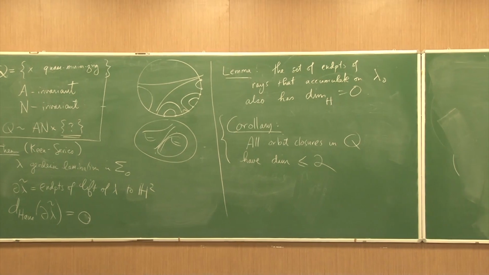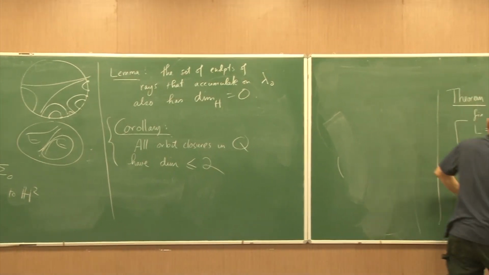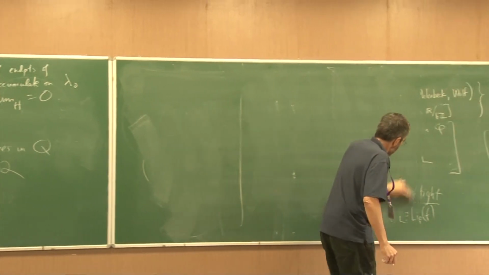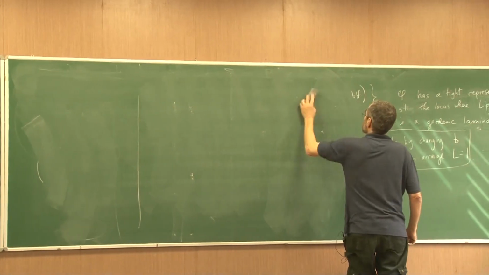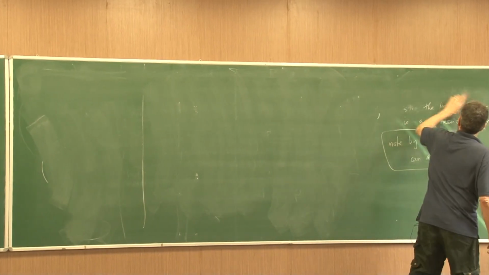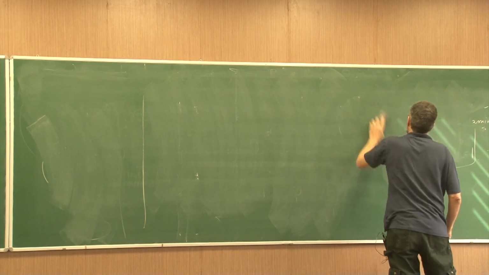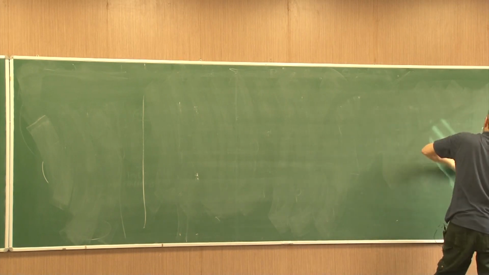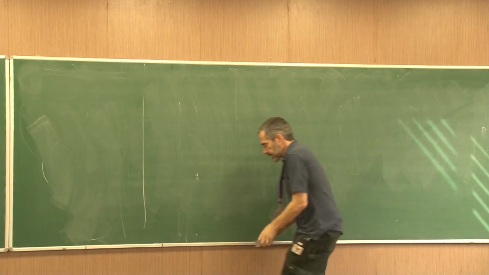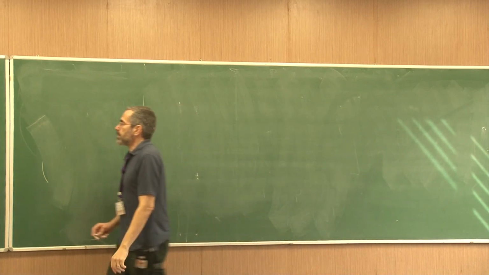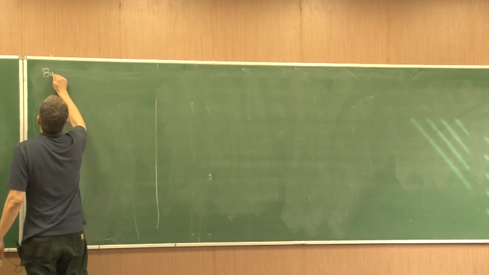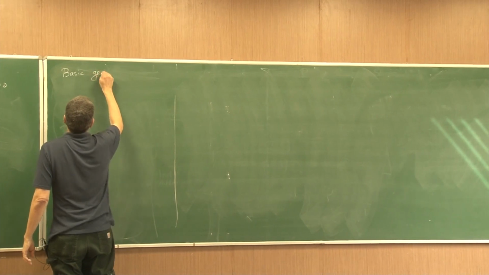Okay, so how do we ever think about an actual orbit closure in a way that's sensible? Here's the basic geometric maneuver, let's call it that.